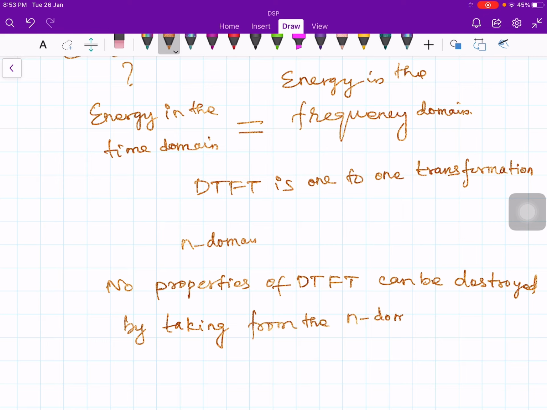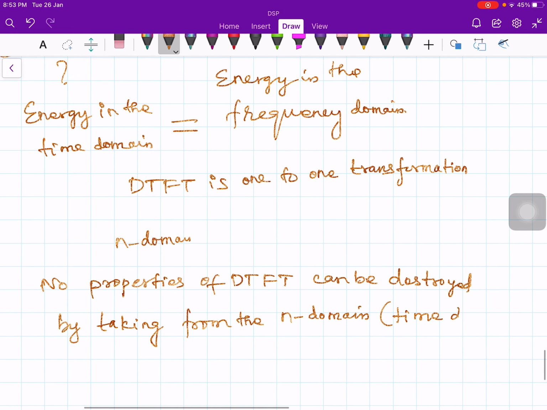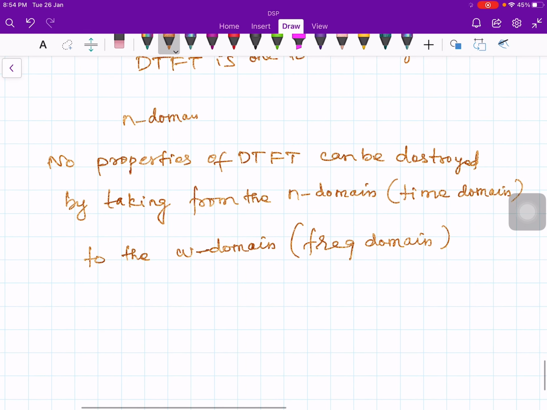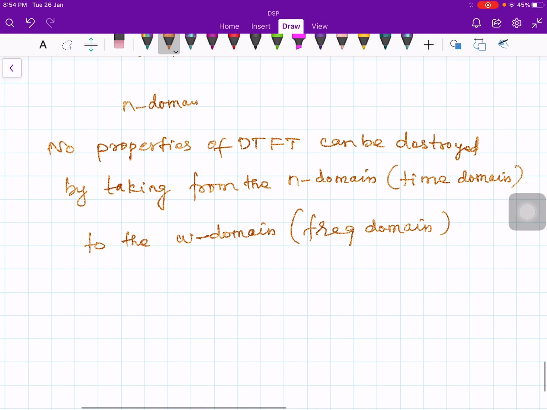N domain means what? Time domain, to the omega domain. Omega domain means frequency domain. It's a very important point. Either you do in the time domain or in the frequency domain, you must get the same result.